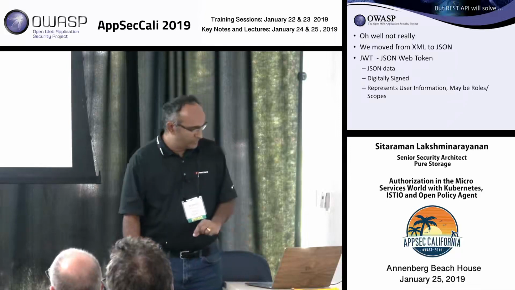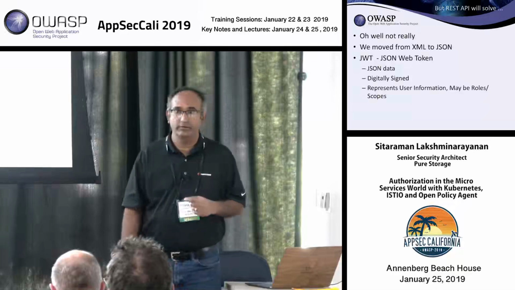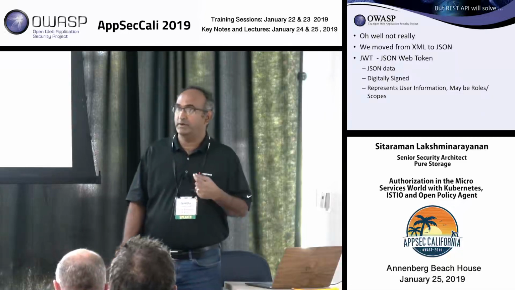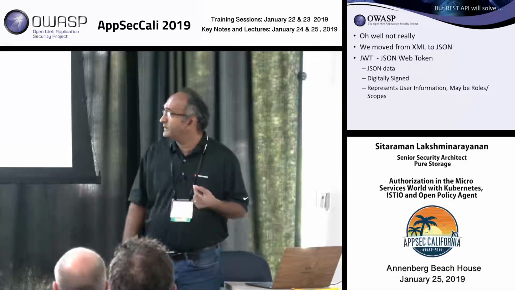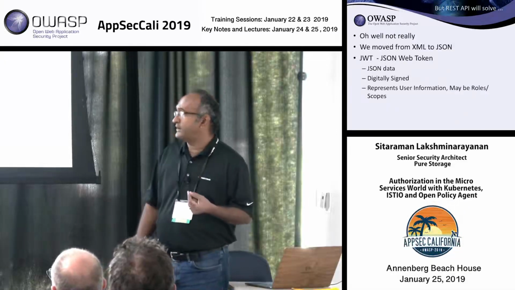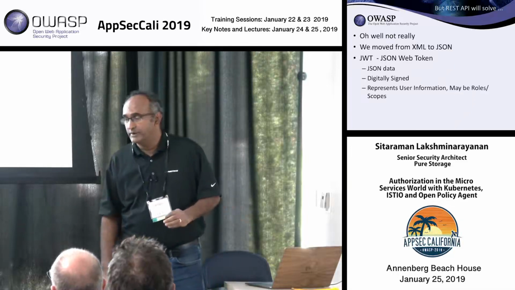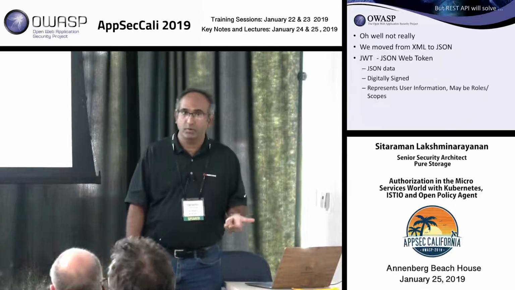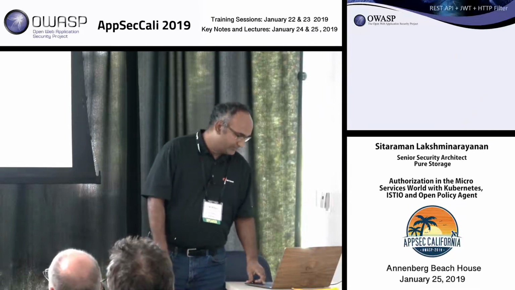When you move from XML to JSON, you come into this concept of JSON web tokens. You would have heard this in different terms like OAuth, OpenID Connect. At the end of the day, it's a JSON web token. It has JSON data, it's digitally signed, and it can optionally be encrypted if you want. It represents information about the user, the application, the roles, whatever you want to put in the payload, and scopes.